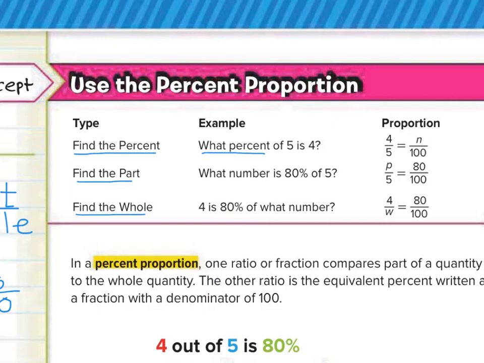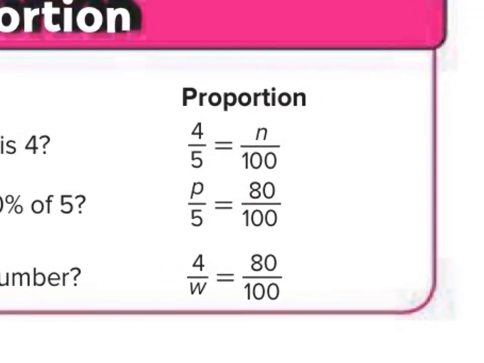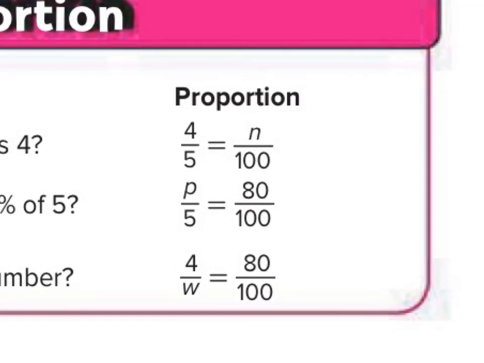Okay? Now remember, to set up the proportion correctly for these problems requires that you know where to put the parts or the pieces that will complete the puzzle. So you have to know what the part is, what the whole is, what the percent is, and whatever piece of information you do not know, that's going to be your variable.